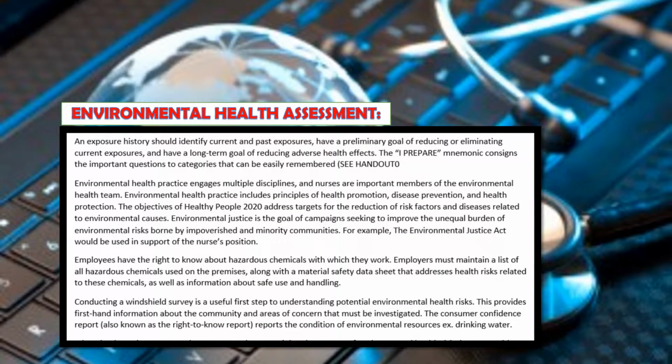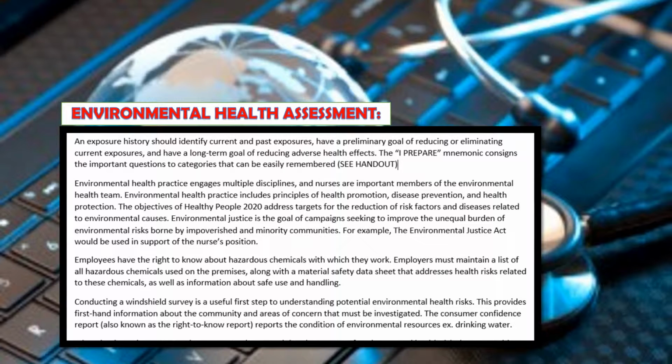Okay, so an exposure history should identify current and past exposures. We talked about that. And you should have a permanent goal of reducing or eliminating that exposure. So if somebody says they're exposed to environmental toxins, we want to make sure they either eliminate or reduce that exposure.